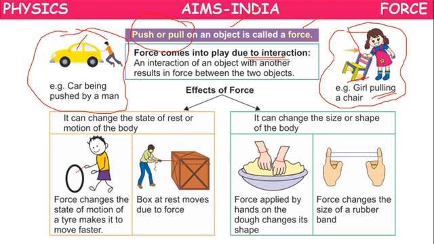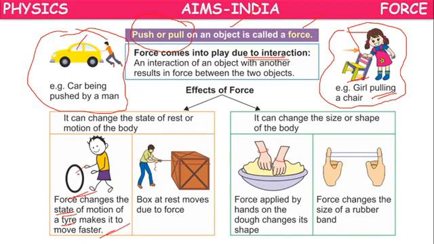Here the boy is trying to move the tire with the help of a stick. The state of motion of the tire makes it move faster. With the stick we beat the tire, the speed of the tire will increase.